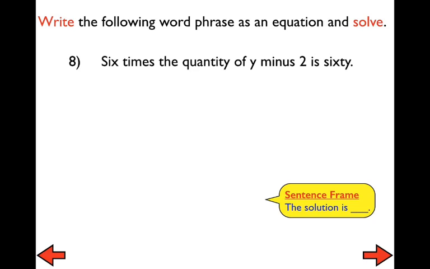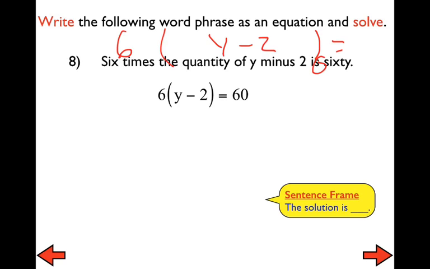So 6 times the quantity of y minus 2 is 60. Well, as it turns out, it should look like this. 6 times the quantity of y minus 2 is, in math, a lot of times means equals, and then 60.